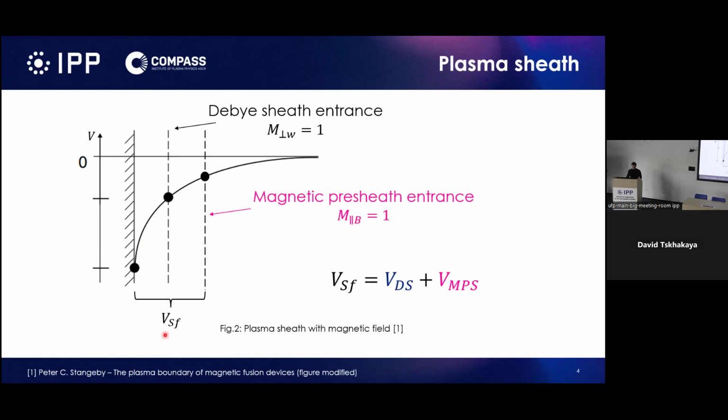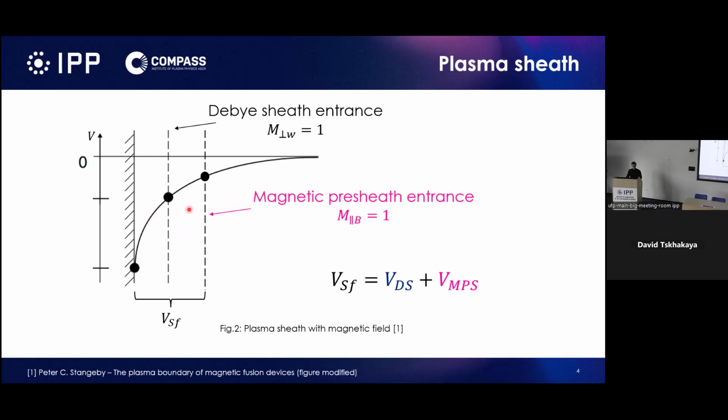Then the whole floating potential gets split into two different regions: the magnetic pre-sheath, which is slightly further from the wall, and the Debye sheath, which is right next to the wall. Further away from this region, there's the usual pre-sheath, which is accelerating ions towards the sound speed parallel to the magnetic field, which is the condition that they reach at the magnetic pre-sheath entrance.